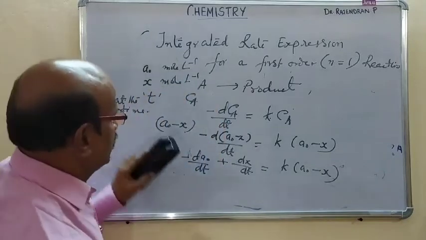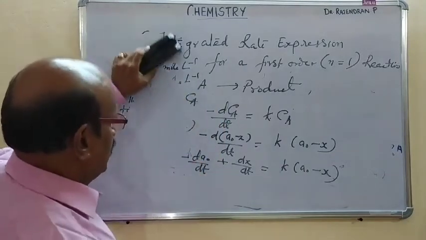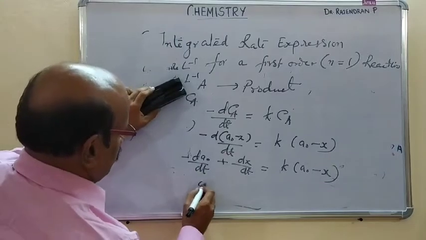The first differential part now becomes 0 because the differential of a constant is equal to 0.